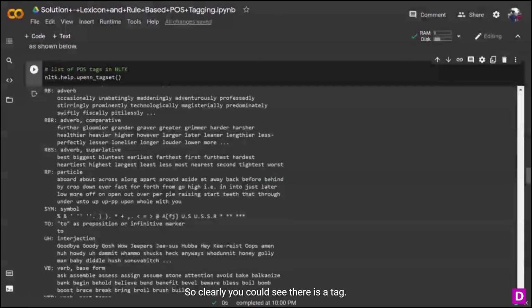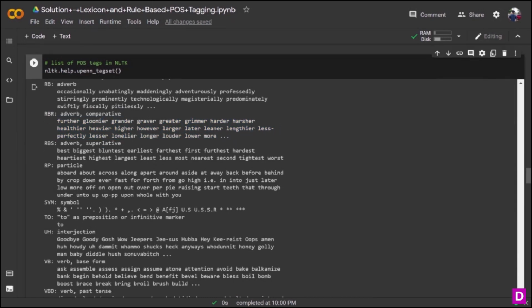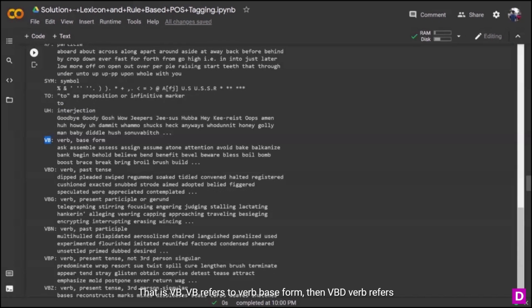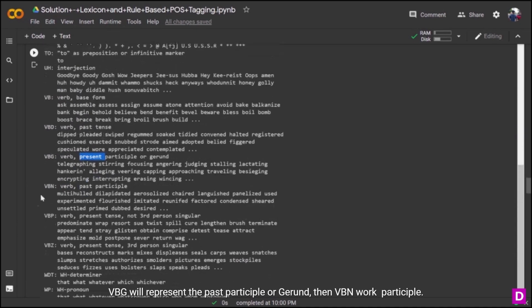Yeah, so clearly you could see there is a tag, and what the tag refers to, and you can also look at different word examples for each tag. I will look at a few of these tags: VB refers to verb base form, VBD refers to verb past tense, VBG represents the present participle or gerund, then VBN verb past participle.